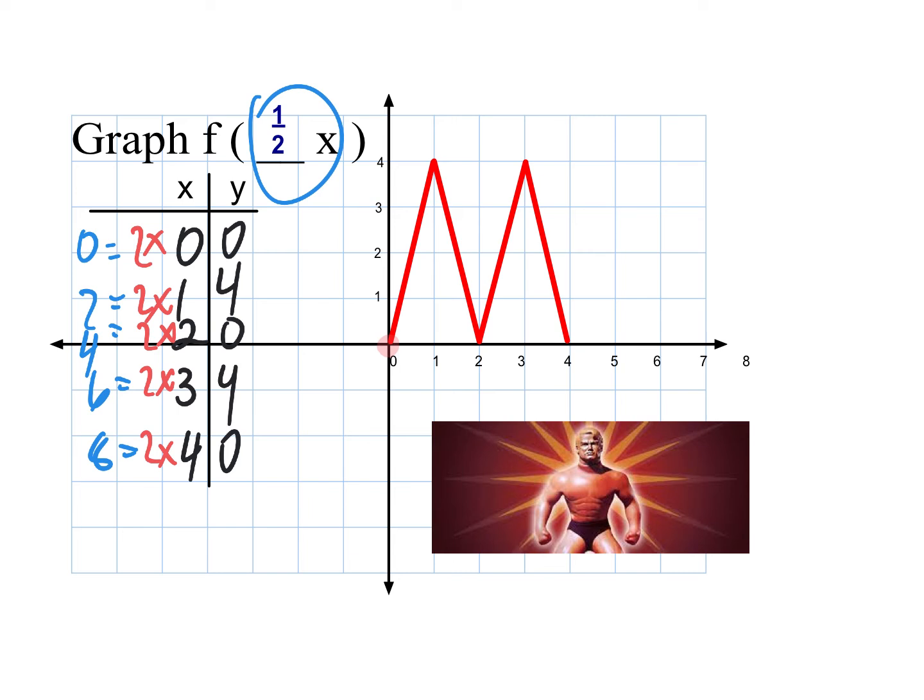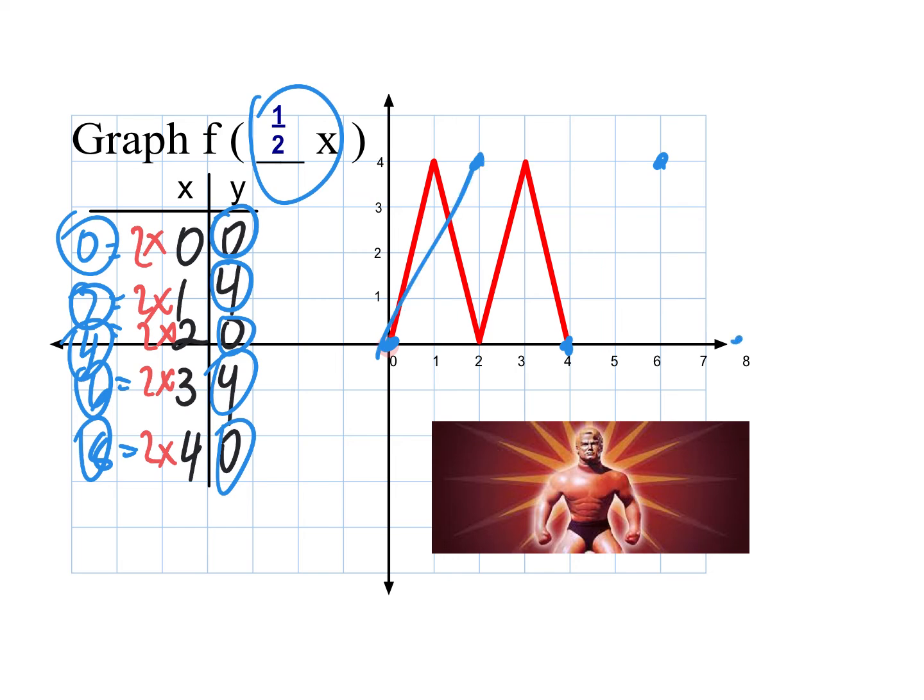Now my new points, notice my y's didn't change at all, so it's still 0, 0. It's 2, 4. It's 4, 0. It's 6, 4. And it's 8, 0.